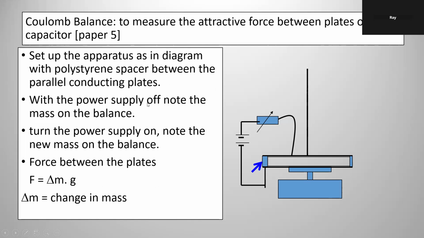When the power is off, note the mass of the balance. Then turn on the power supply and note the new mass, with the attractive force now. You don't have to worry about how to calculate the force: the force is the change in mass times g, delta m times g.